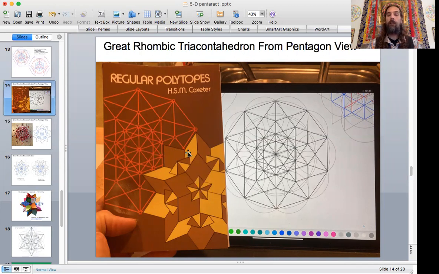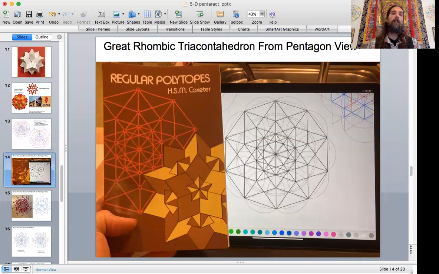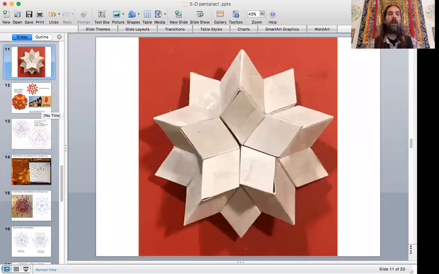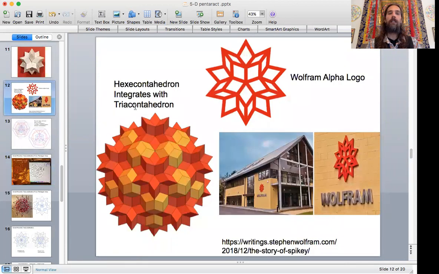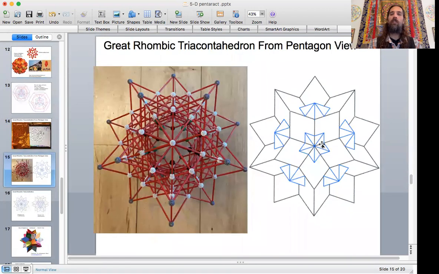So this is a 3D version. Now this is slightly different than the rhombic hexecontahedron. It's slightly different than that Wolfram logo, because it has the tricontahedron shape poking through. These vertices are poking through, creating this other shape.